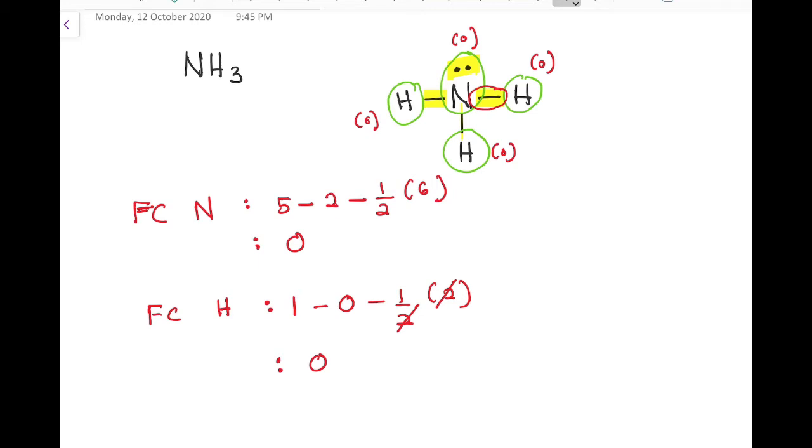Now let's look at the second example. Let's say we want to calculate the formal charge for carbonate, CO3 2 minus. Maybe we can begin from the first step of drawing a Lewis structure.